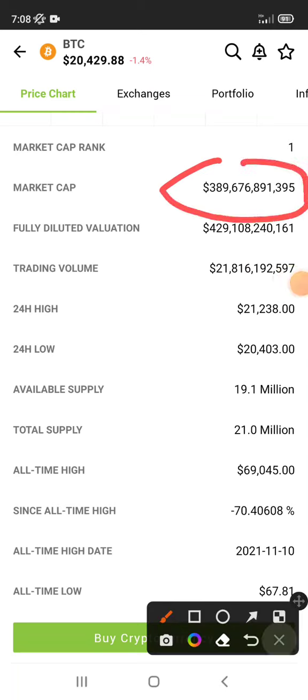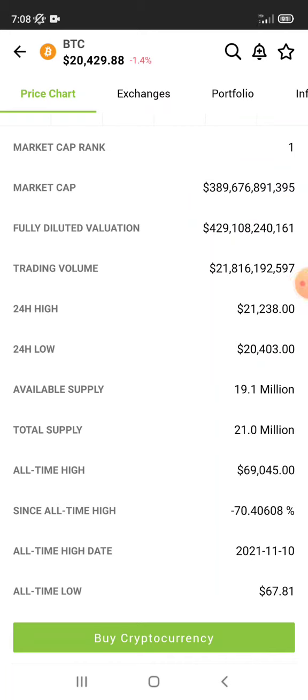So market cap means the current price multiplied by the available supply or the circulating supply. But what does this mean? That is just big grammar. So when you hear about market cap, it simply means the amount of money people or investors have invested in the particular coin.